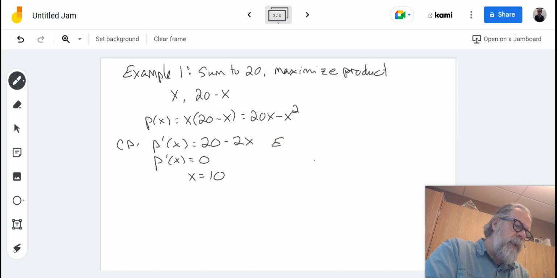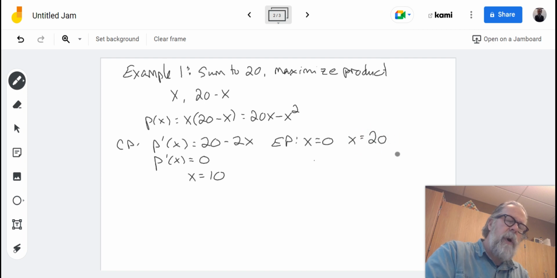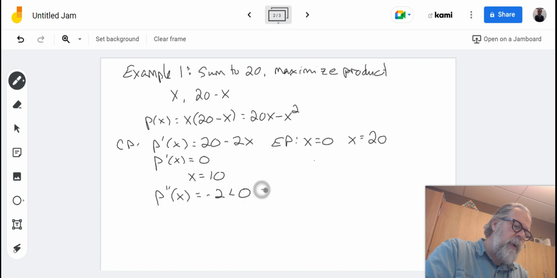So the points we will need to test are critical points and endpoints. x equals 0 and x equals 20 are the only possibilities, assuming two positive numbers. And then very quickly checking the second derivative, we get that the second derivative is equal to -2, which is less than 0, which implies that this is in fact a maximum.